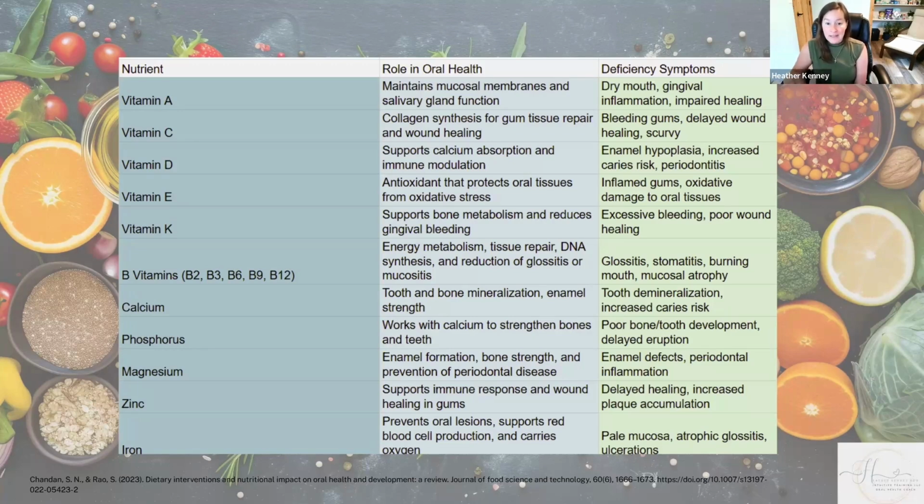And then the B vitamins are very important for energy metabolism, DNA synthesis, and can reduce the glossitis and mucositis. So mucositis, more inflammation, right? So these are important aspects to understand, because if we have a gut dysbiosis problem and leaky gut issues, we end up with vitamin deficiencies in the process.